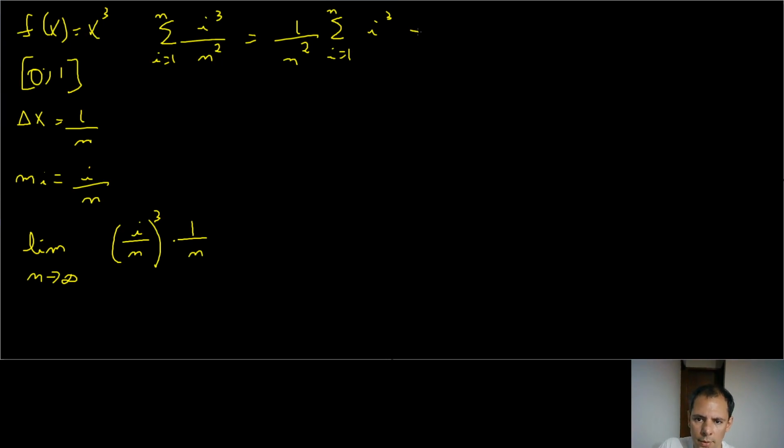We saw that the summation of i cubed equals n squared times n plus 1 squared divided by 4. That's the value of the summation. You can see why in the previous video when we did the summations.